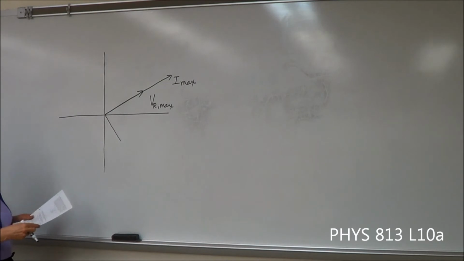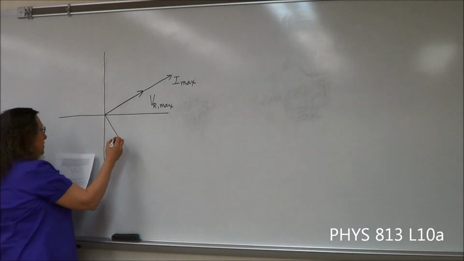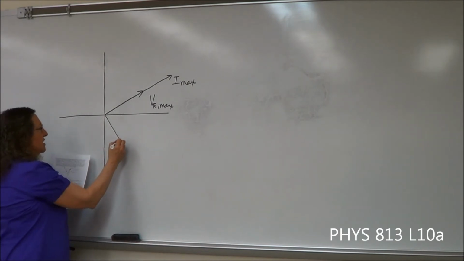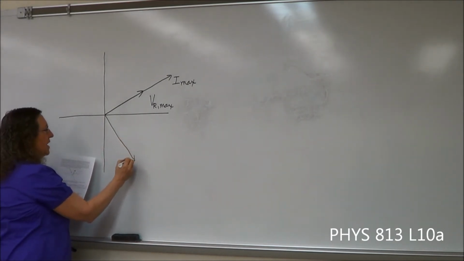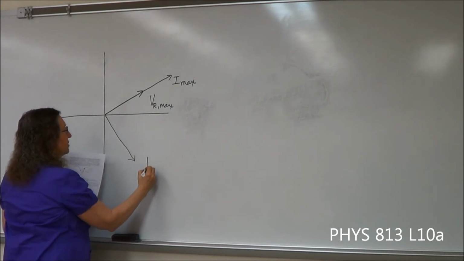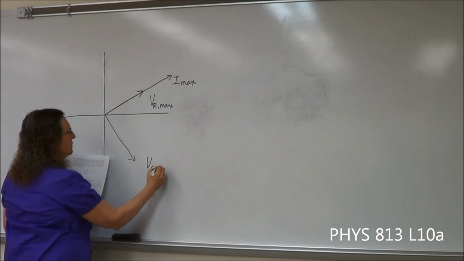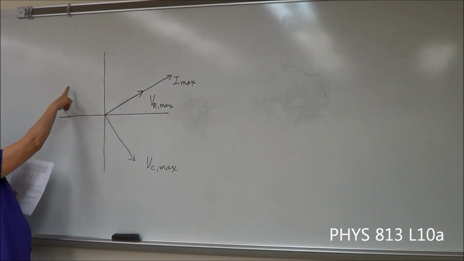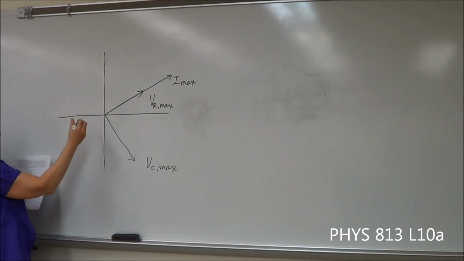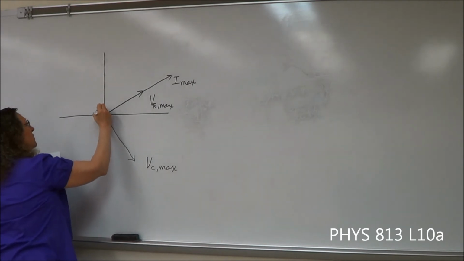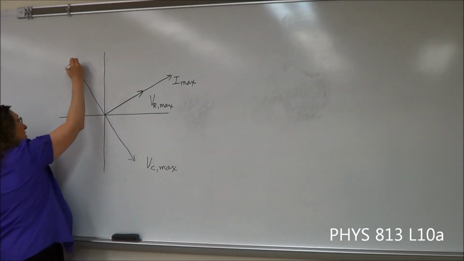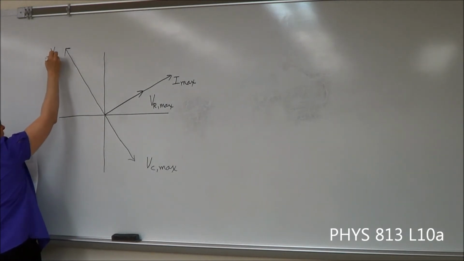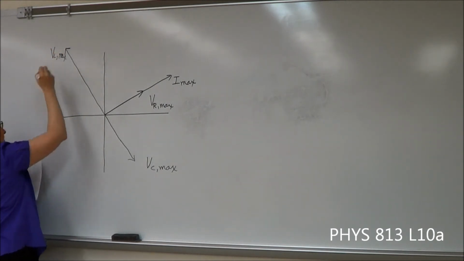But here, let's draw this one a little bit longer. And this is going to be the voltage across the capacitor maximum. And then the voltage across the inductor was up in the second quadrant. So it's supposed to be up here. I'm going to draw a rather long one. So this is voltage max across the inductor.